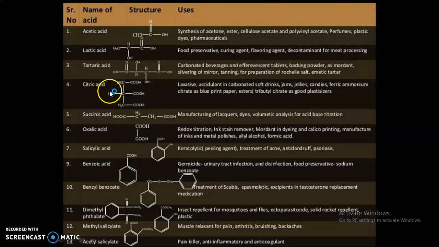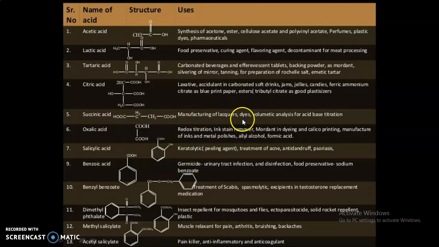Next one is citric acid. This is the general structure of citric acid. It is used as a laxative, in carbonated soft drinks, jams, jellies, etc., and is also a good plasticizer. Next one is succinic acid. This is the structure of succinic acid.